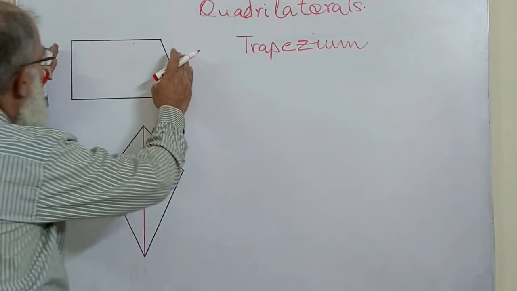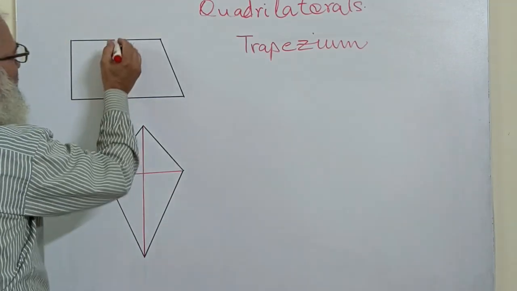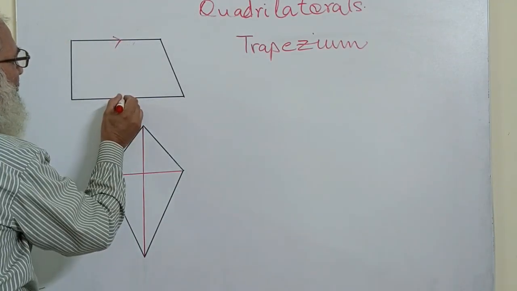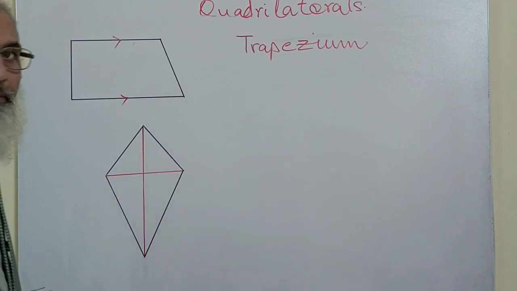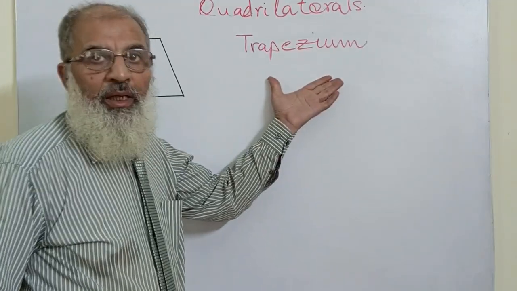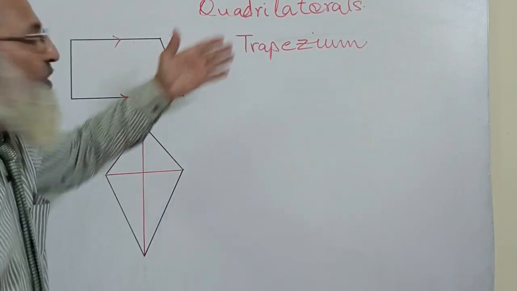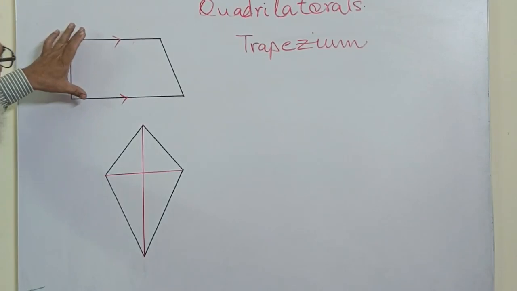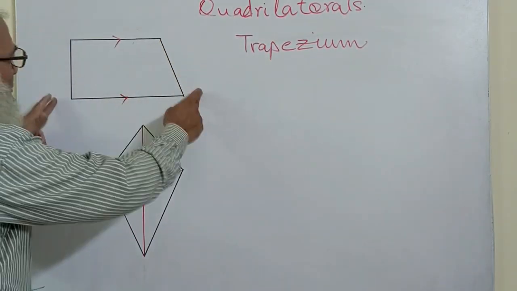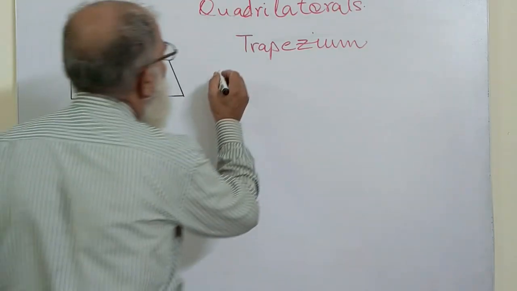Now there are two sides here and there are two sides here. Now one of the two sides are parallel. Well, one of the two sides, not all. So trapezium is a shape in which one of the two opposite sides are parallel.